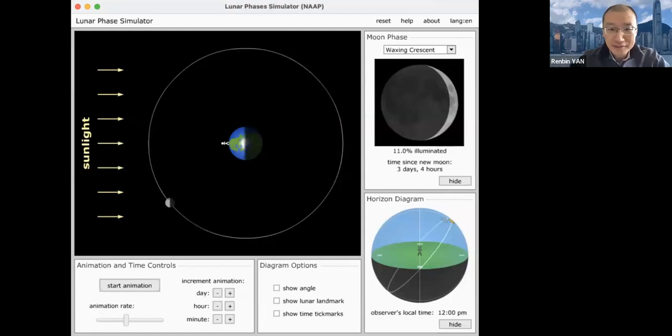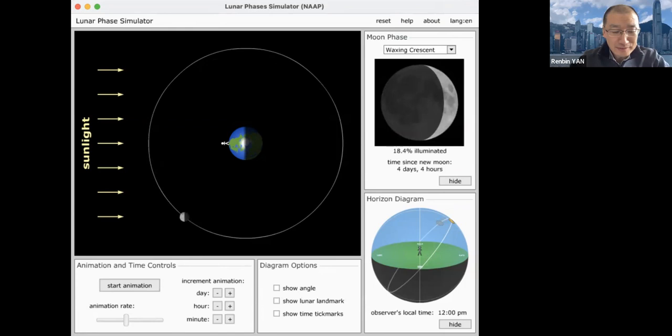It will probably be helpful for me to share this simulation. You can see, if the sunlight is coming from here, where on the orbit will the moon be in the full moon position?